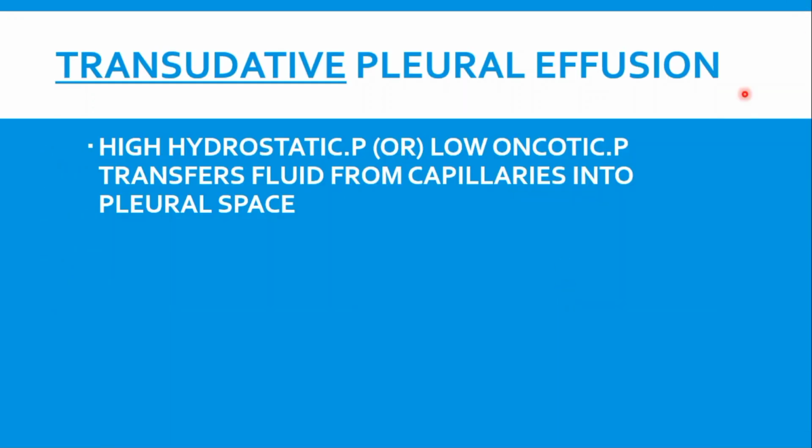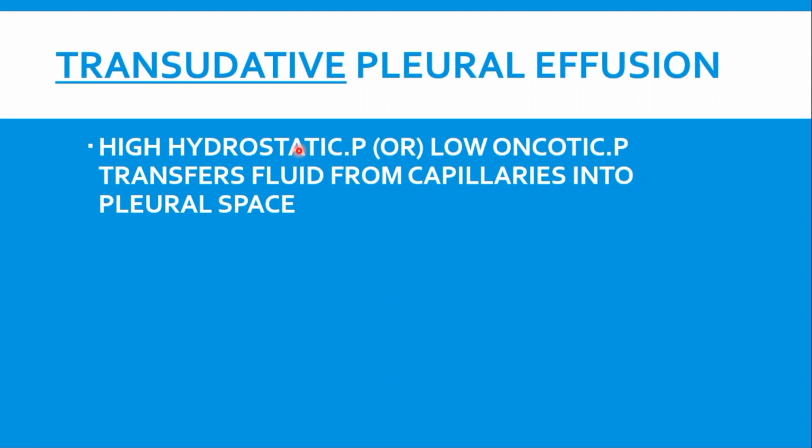Now what is transudative pleural effusion? We all know that near the lungs there are the lung capillaries through which the blood passes. Now in the capillaries, if the hydrostatic pressure is high or if the oncotic pressure is low, then the fluid inside the capillary will go out, causing pleural effusion.